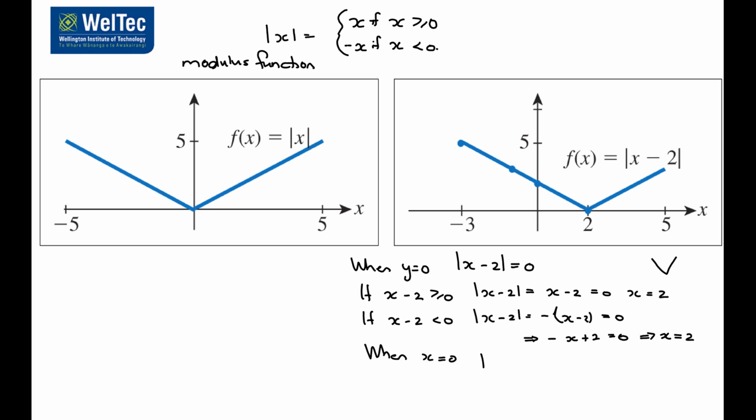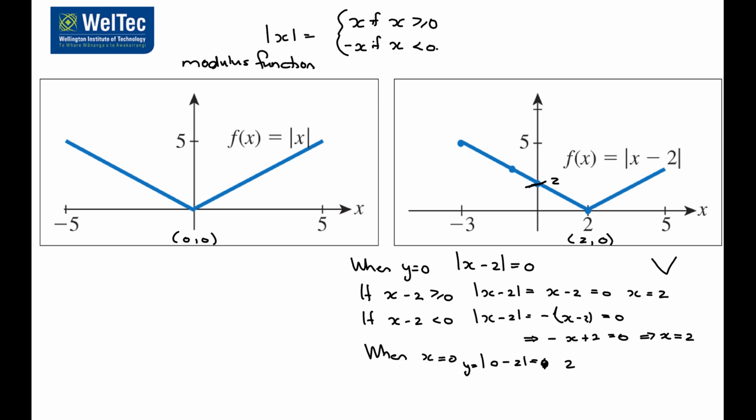The absolute value of 0 minus 2 equals 2. So that's 2. So what we've actually got is that the vertex here is at 0, 0, and the vertex here is at 2, 0. So the vertex has moved 2 to the right.